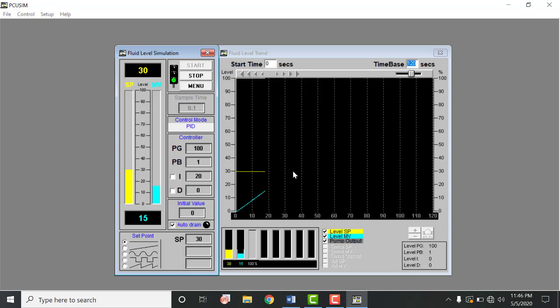So it would be linearly accelerating up till this point, and you already know that the level cannot exceed this 30, so that's why this auto drain does not come into action. Now you can see that this linearly accelerating behavior is achieved right till this point, and after that the power output of this pump is completely shut off, because we have already achieved our level.